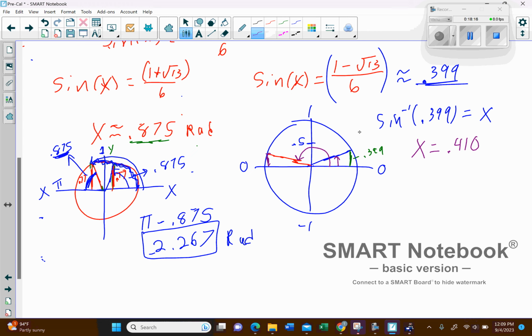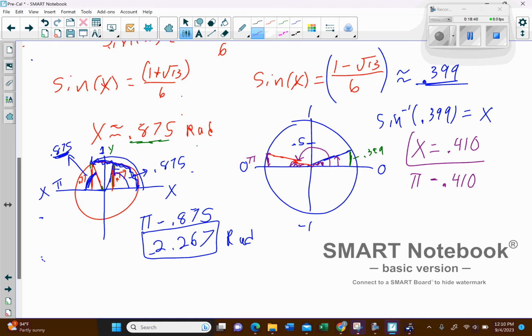And so now we want to know this one right here, right? Well, remember, a half rotation would be pi. And this angle that's created with the x-axis is the same angle that's created with the x-axis of my first angle. So to figure out the second angle here, we're going to take pi and subtract 0.410, and that will give me my other answer.